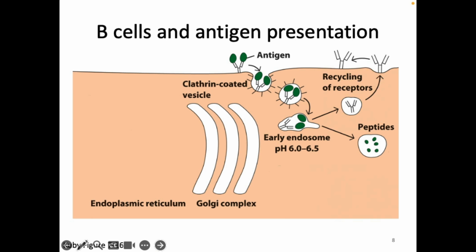So here you can see B cells have a B cell receptor that can bind to microbes. When that receptor binds to microbes, a bunch of things happen, but one of them is that we actually internalize that receptor. We bring that receptor into the cell through a process of endocytosis. And so that means not only does the receptor get brought into the cell, but whatever had bound that receptor also gets pulled in.